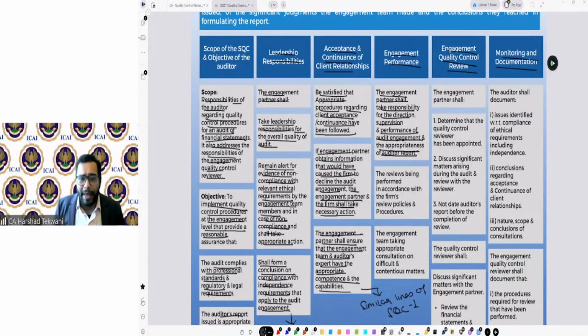Then, with respect to engagement performance, the engagement partner shall take responsibility for the reviews being performed in accordance with the firm's review policy and procedure. When I say the firm's review policy and procedure, I have SQC1 guiding me on how the firm should design the policy and procedure with respect to the review.